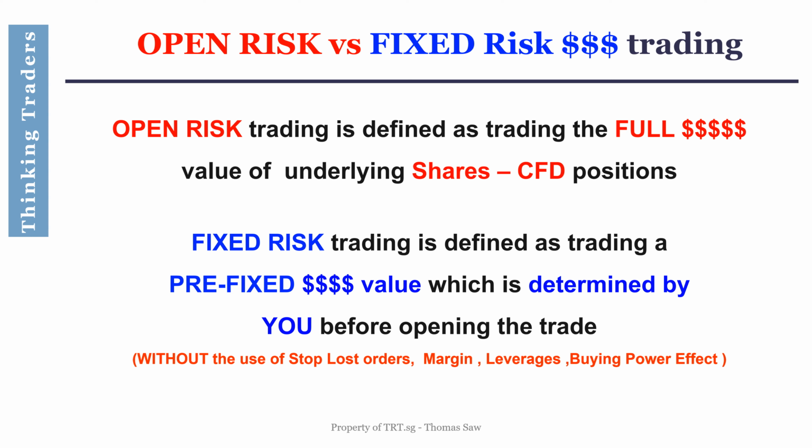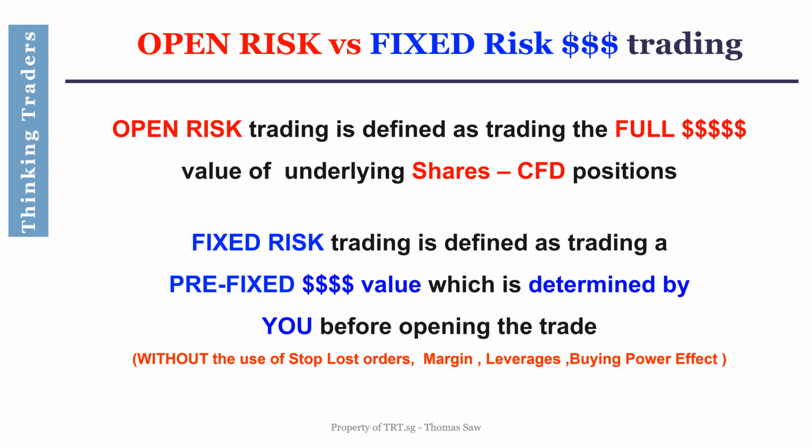Before we go further, I need to tell you what fixed risk versus open risk is. Open risk is primarily trading your full shares value. If you buy one standard lot of Euro USD, that is 100,000 euros. The broker may ask you to put in 1% or 5% as margin, but your margin is not your risk.